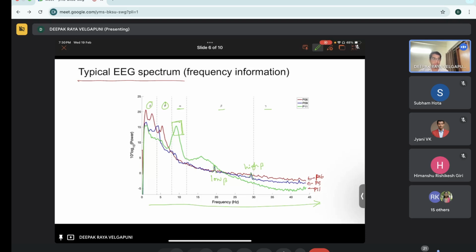Initially at lower frequencies you have a high power amplitude, and then it decays like this, right? Can you guys notice this decay? This decay happens because of a noise called pink noise or fractal noise.